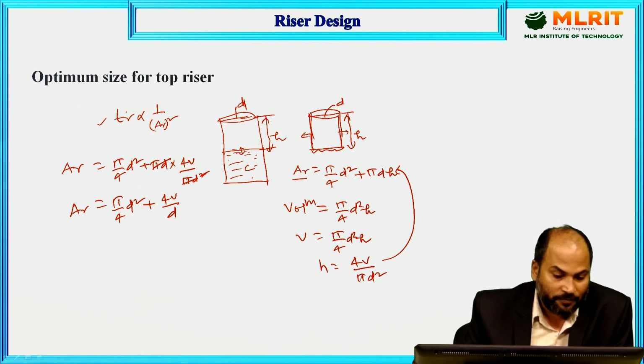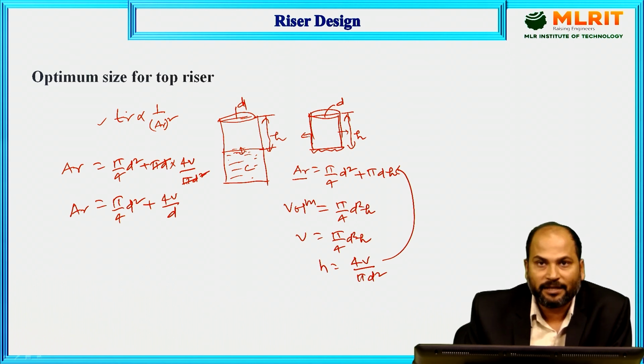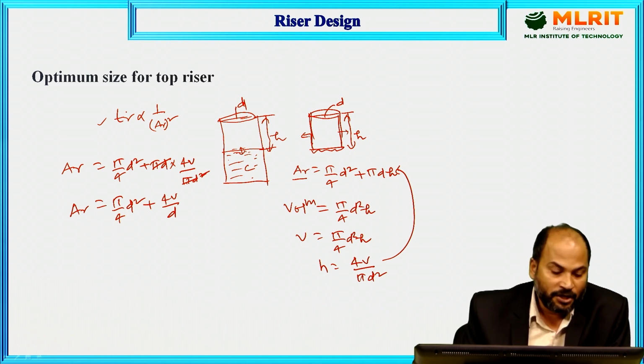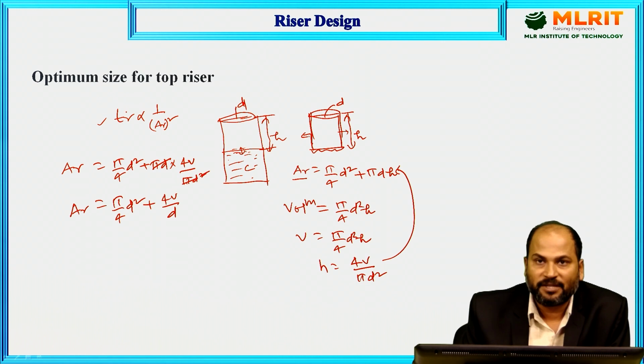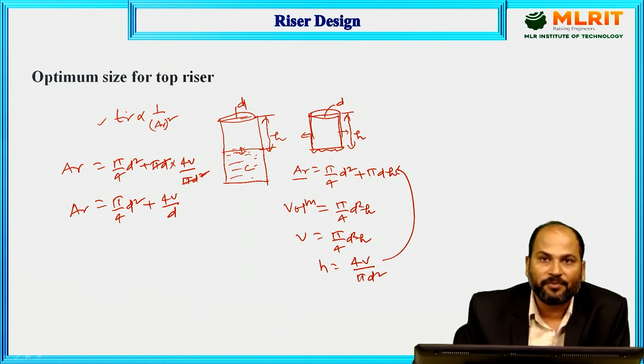So for the minimum, we will differentiate this with respect to the diameter, because diameter d is the only variable in this expression. If we differentiate this expression with respect to d and equate it to 0, we will get the value of minimum area.